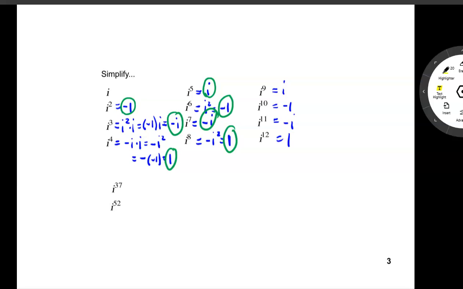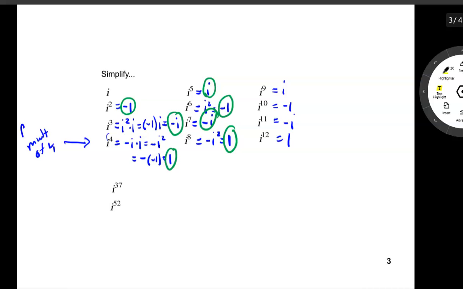Okay, so how does that help us calculate something like i to the 37th? Well, if you notice, this pattern repeats every 4 powers. So i to the 4th looks just like i to the 5th through the 8th, looks just like i to the 9th through the 12th. Notice this bottom row down here. These are all multiples of 4.